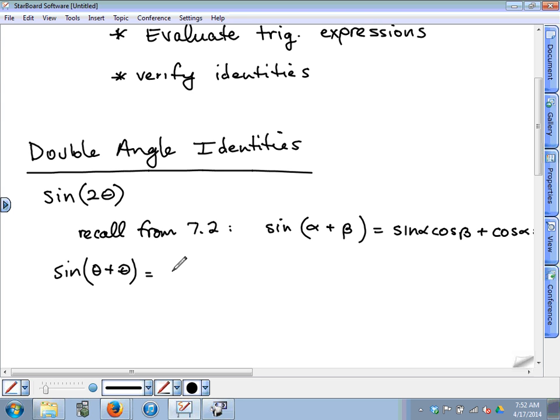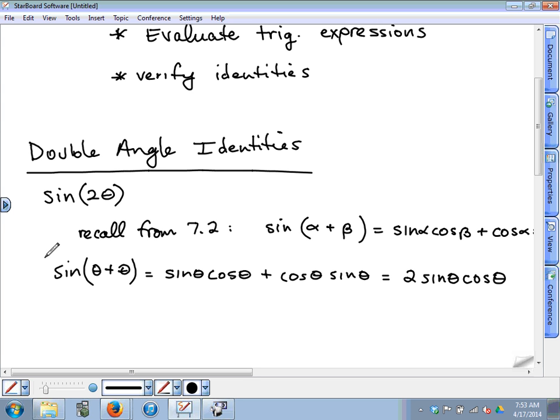But the only difference is it's the exact same angle. So this will be sine theta, cosine theta, plus cosine theta, sine theta. And what does that equal? Aren't these 2 expressions exactly the same? Sine theta, cosine theta, plus cosine theta, sine theta. Because multiplication is commutative. The order of multiplication doesn't matter. So it would just be 2 sine theta, cosine theta.